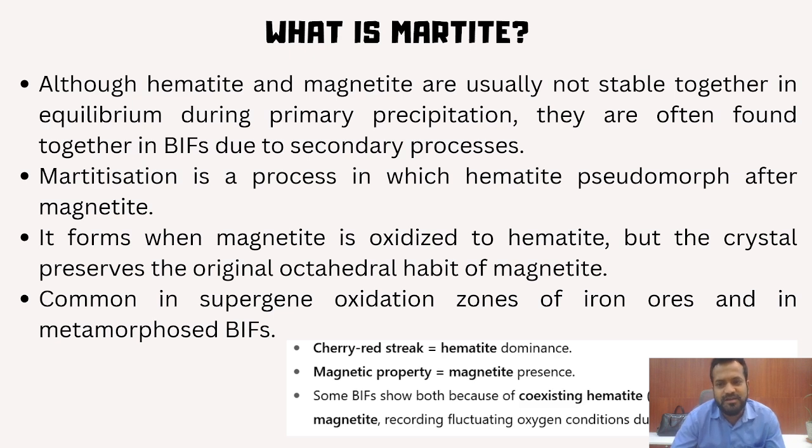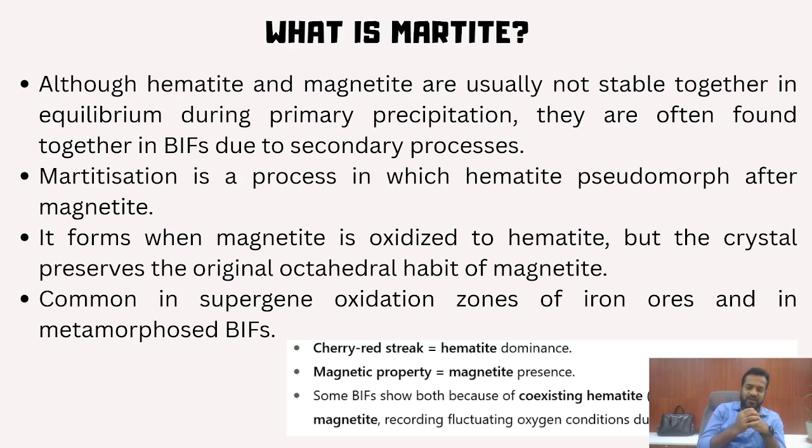Again I am repeating, but the crystal preserves the original octahedral habit of magnetite. Try to remember these things. These are common in the supergene oxidation zone of iron ores. So always remember, in the field, if you get a cherry red streak as well as magnetic property: the cherry red streak is a characteristic feature of hematite, because magnetite usually gives a black streak.